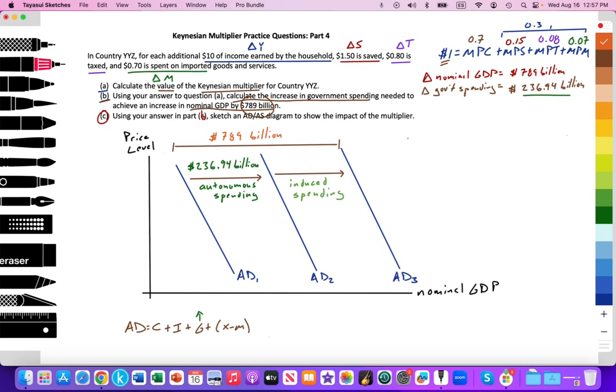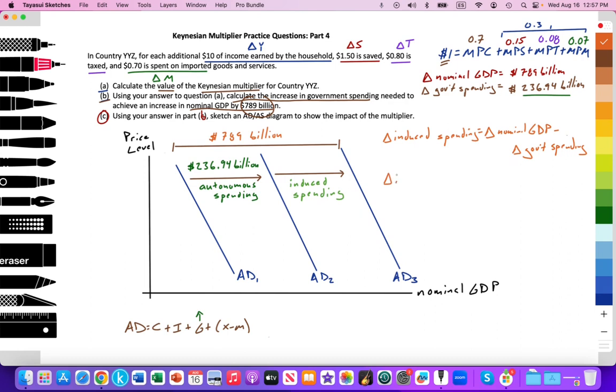All right. So here we have induced spending. The change in induced spending will be equal to the change in nominal GDP minus the change in the government spending that started this multiplier effect. So let me just add those values.